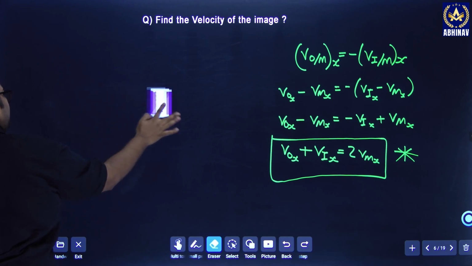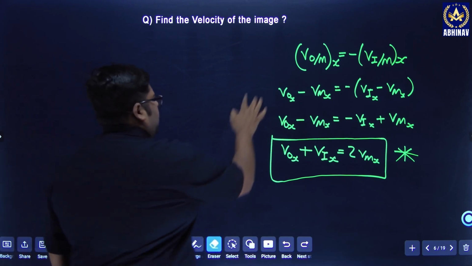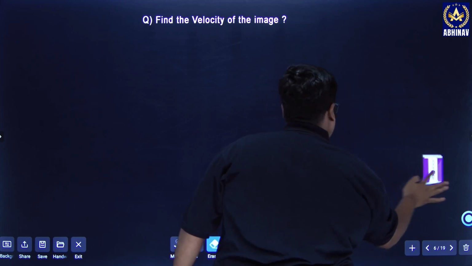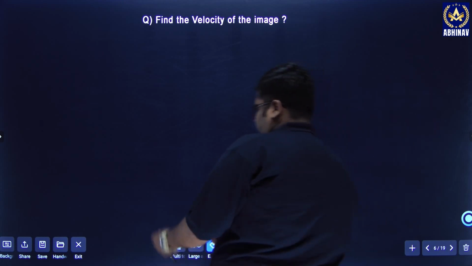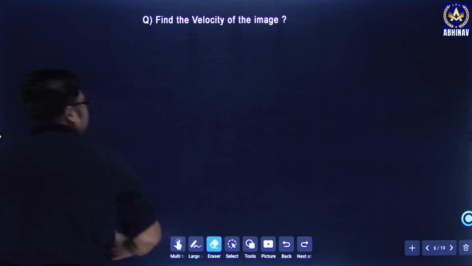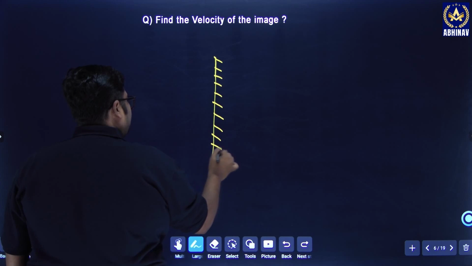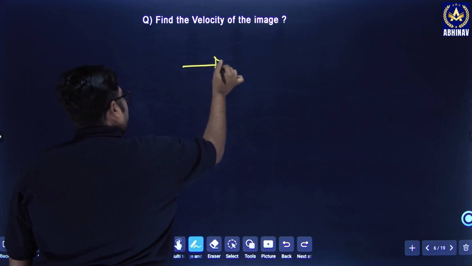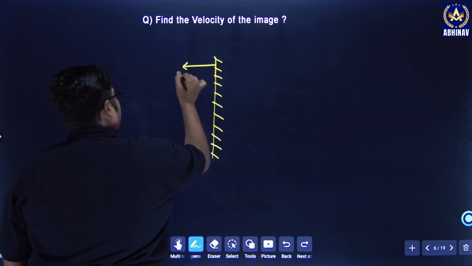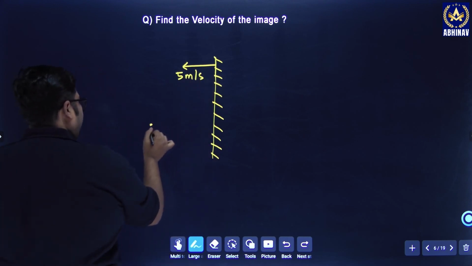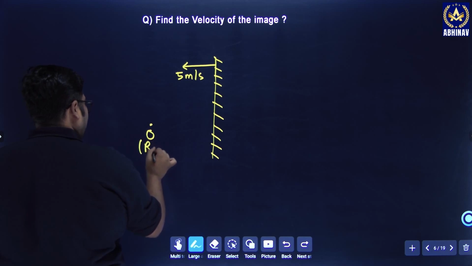Now I'll give you a question for homework. Try to solve it. Pause for a minute and answer the question. This is a mirror, and the object is at rest now.